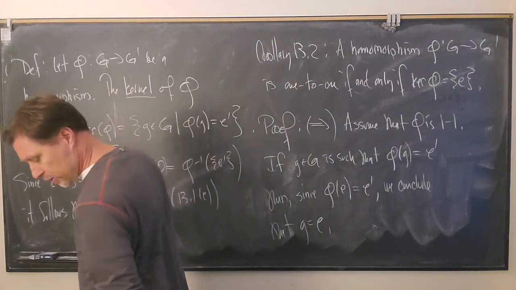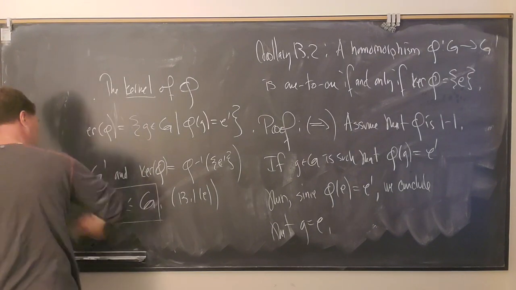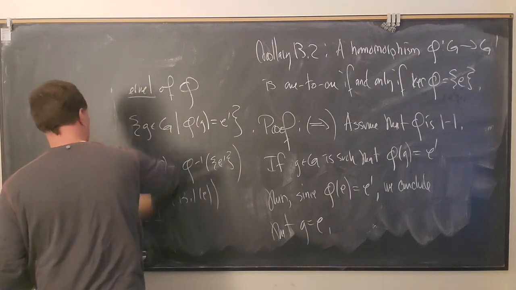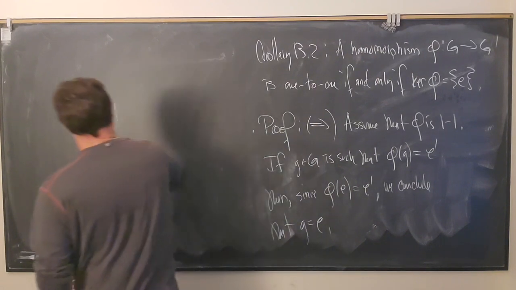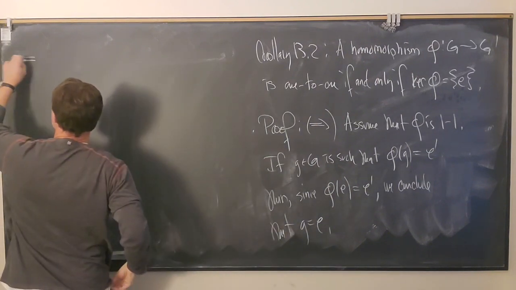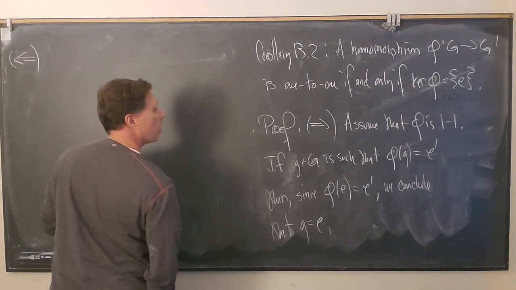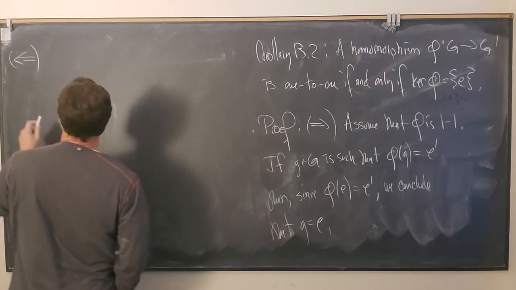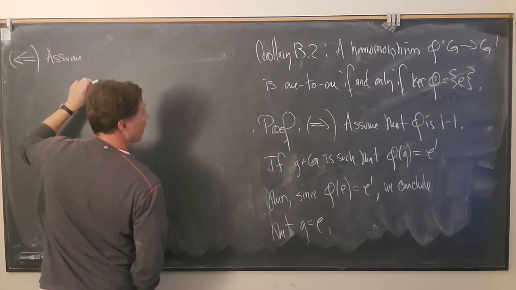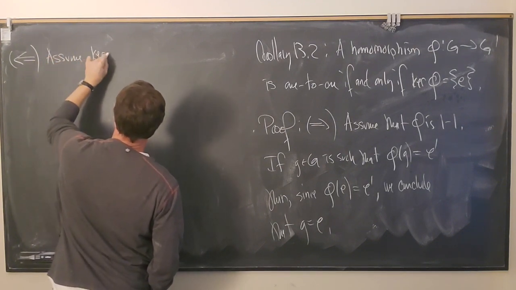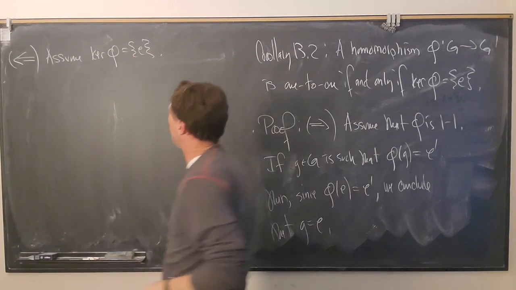In the reverse direction, let's assume that the kernel of phi consists of a single element, just the identity.